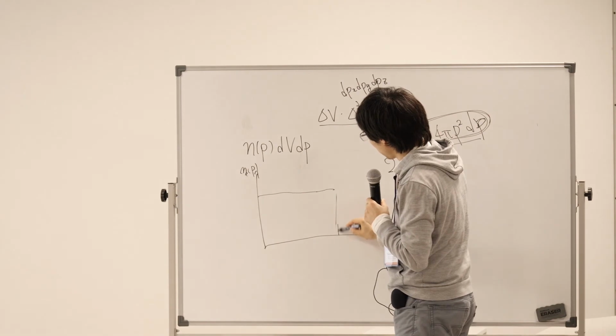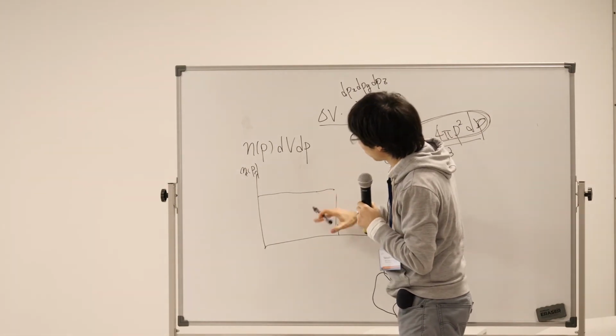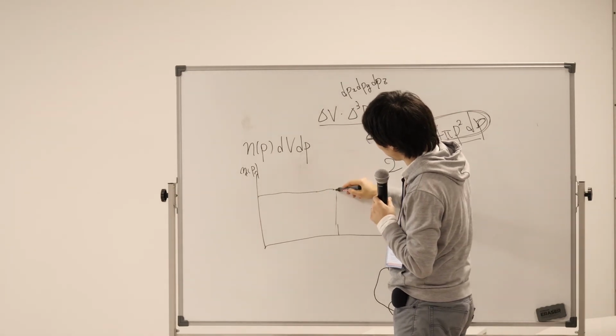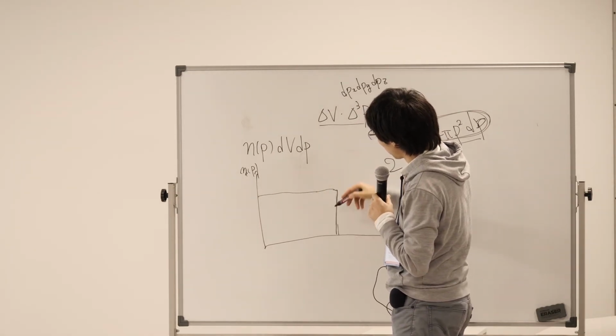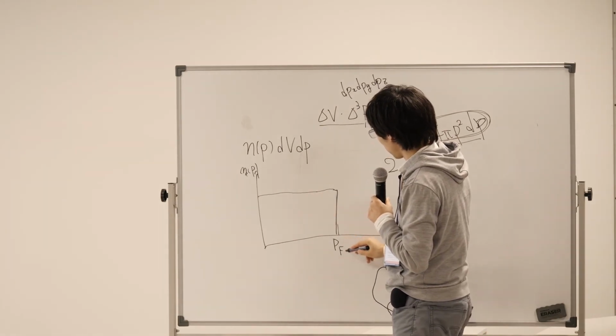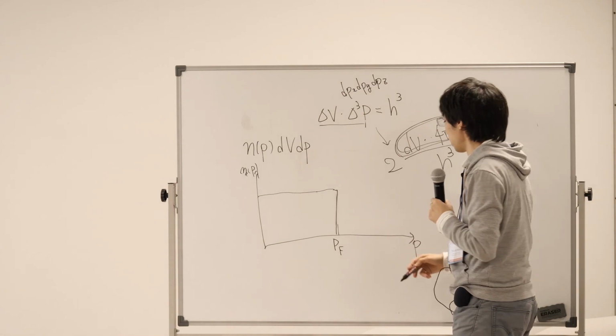If you occupy electrons from the bottom, you can keep putting everything, and then at some point all the states are occupied, and let's say that the pressure is Pf.